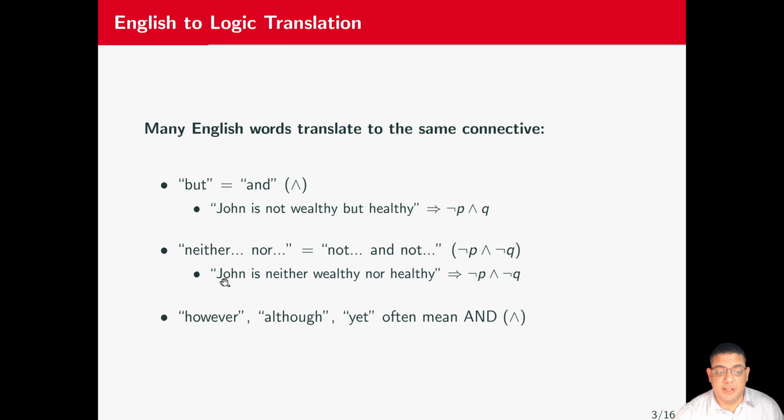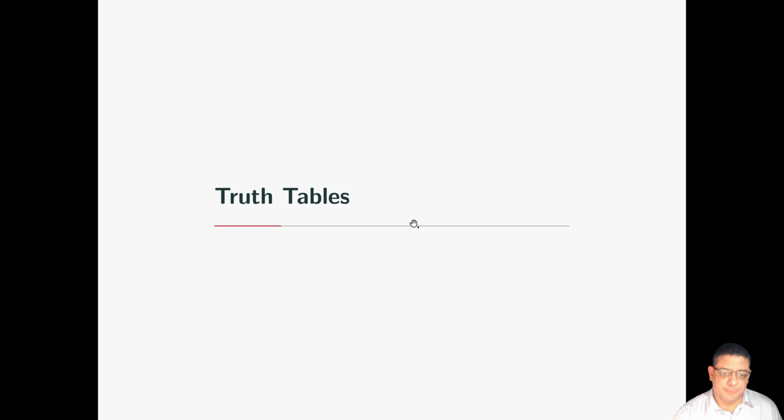For example, John is neither wealthy nor healthy. This will be a negation on each of the propositions. We can use sometimes however, although, yet, and they're often going to mean and as well. So pretty much many different ways to write in English some of these logical connectives.